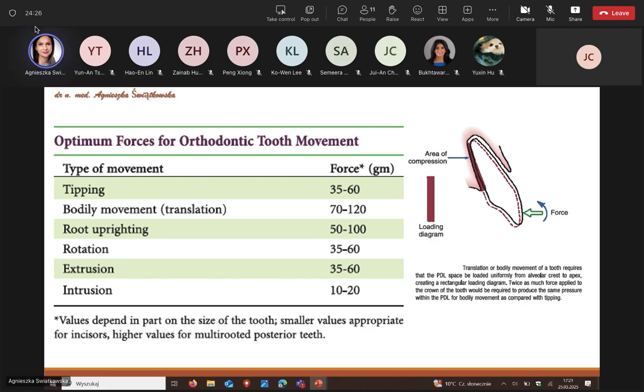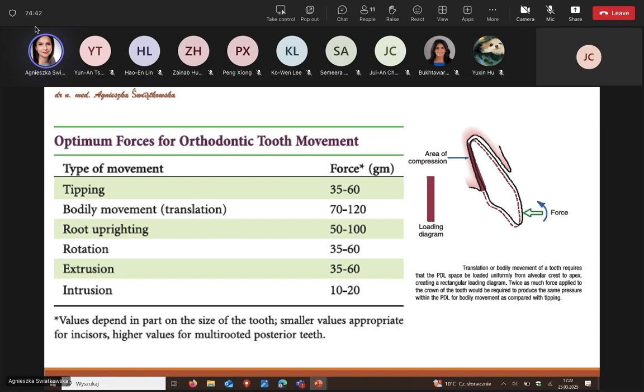A different situation is with multi-rooted teeth, with premolars and molars. In this situation, it is rather difficult to achieve rotation with a removable appliance.